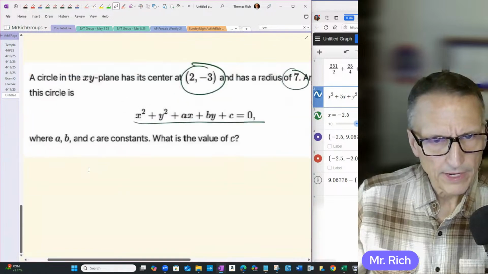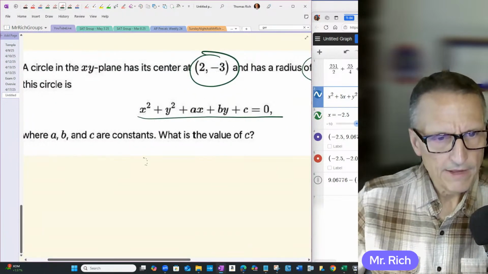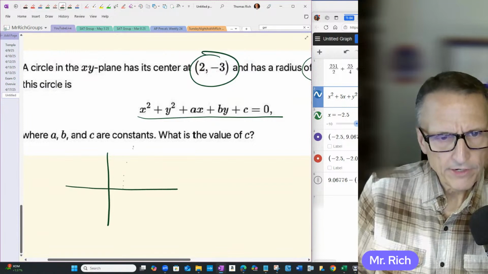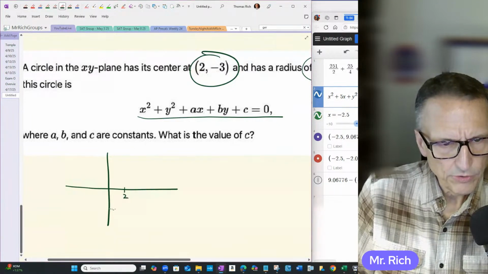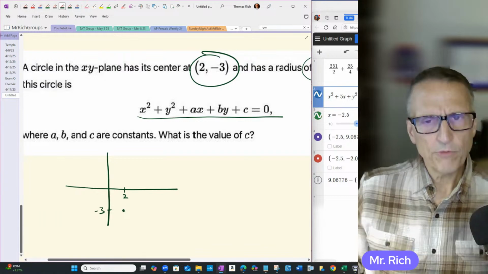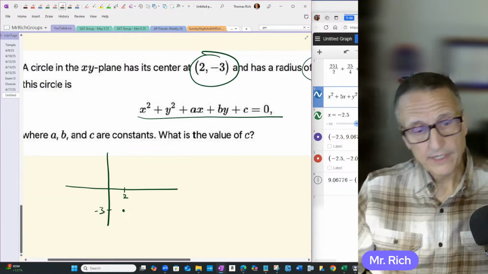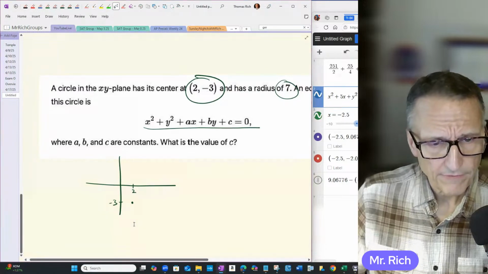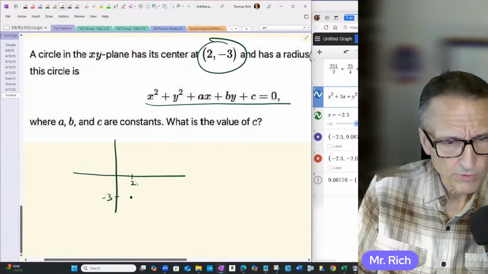Now, how would I come up with those 3 points? If I draw a sketch of what they're telling me, the center is over here at (2, -3), and I know that the radius is going to be 7. That means I can go 7 units in either direction.